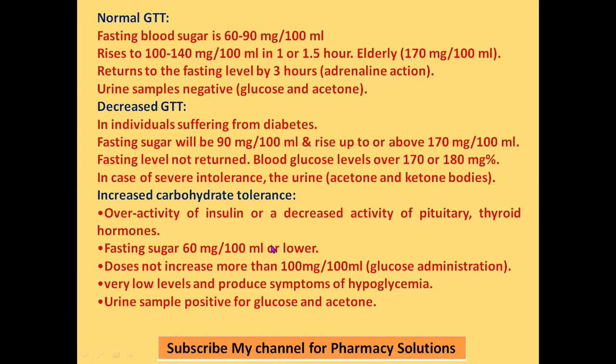In this case the fasting sugar level, normally 60 mg per 100 ml, will be at the lower limit, because glucose is being utilized due to overactivity of insulin, or it may be even lower. It is a hypoglycemic condition.